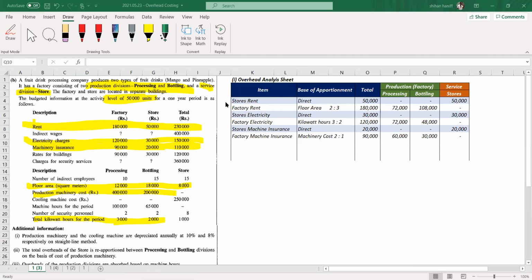So can you all do the rates? Rates for buildings.